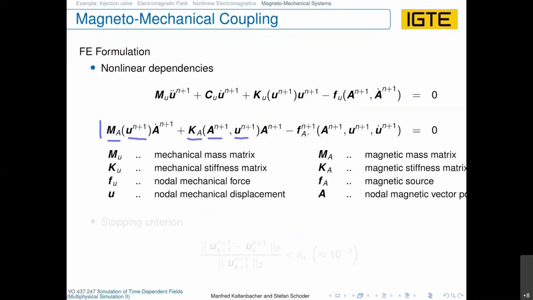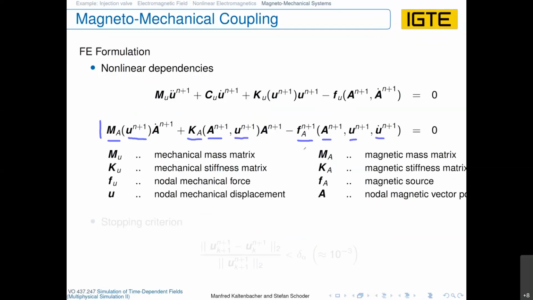Yeah, and then the right hand side, which includes any excitation by currents, for example, also can depend on the velocity, mechanical velocity, as well as on the displacement, and it even can depend, when we have any permanent magnets, for example, also on this magnetic vector potential.